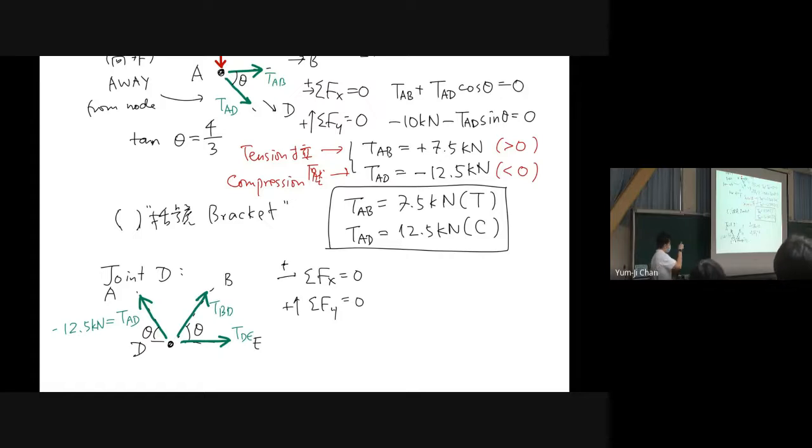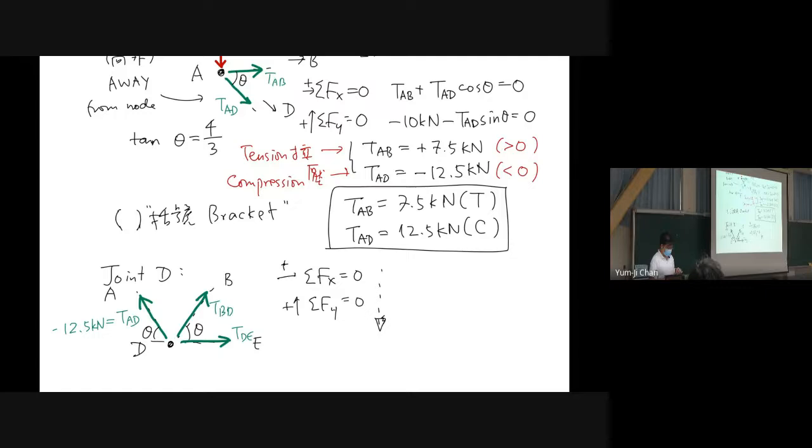And then you do the rest. And from here, we have such an, you can say, SOP for this kind of problem, and you do it one joint by one joint.